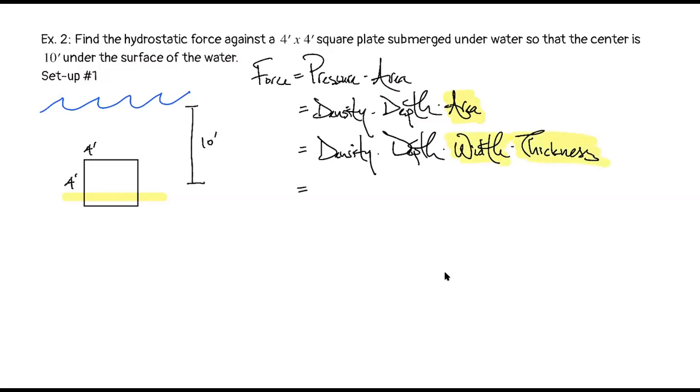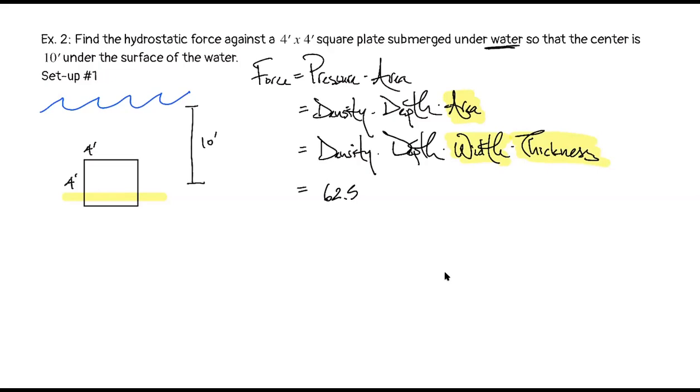Now, in this case, we have our plate, and the plate is submerged in water, okay? So when we're working with feet and pounds, the density of water is a constant, and it is 62.5. So if it's water and we're dealing with feet, the density will be 62.5.